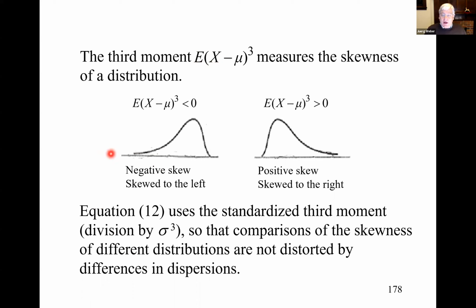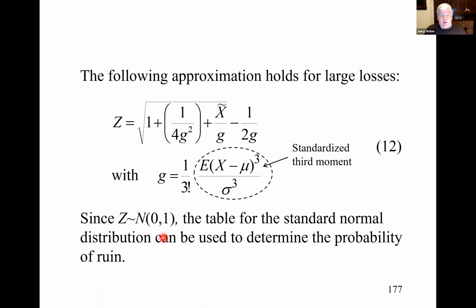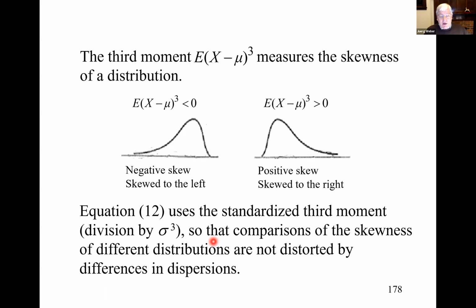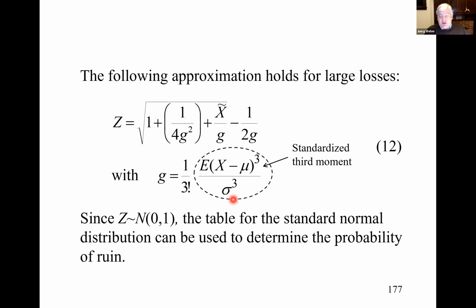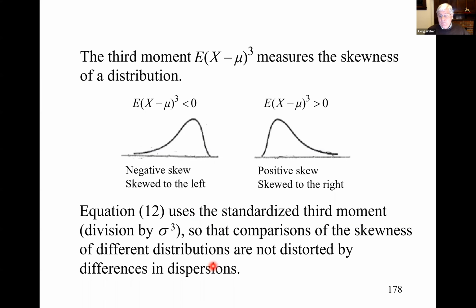Now what we use is the standardized third moment, that's the third moment, but we also divide by the standard deviation to the third power. So different distributions are not distorted by differences in dispersions. This takes account of the dispersions.